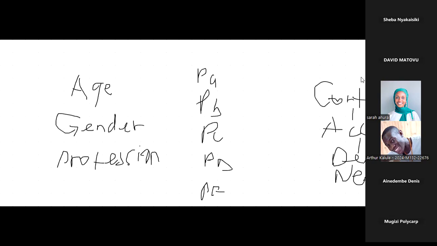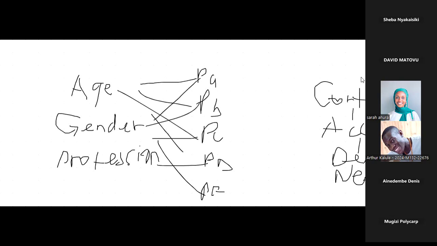Now, each of these individuals belong to different age groups. And again, also gender differs. So does the profession.